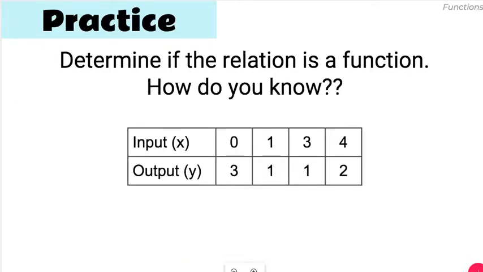Now let's look at a table of values. The same rules apply as a list. We focus on our x coordinates and we decide, do any of these repeat? Do we have any that repeat?